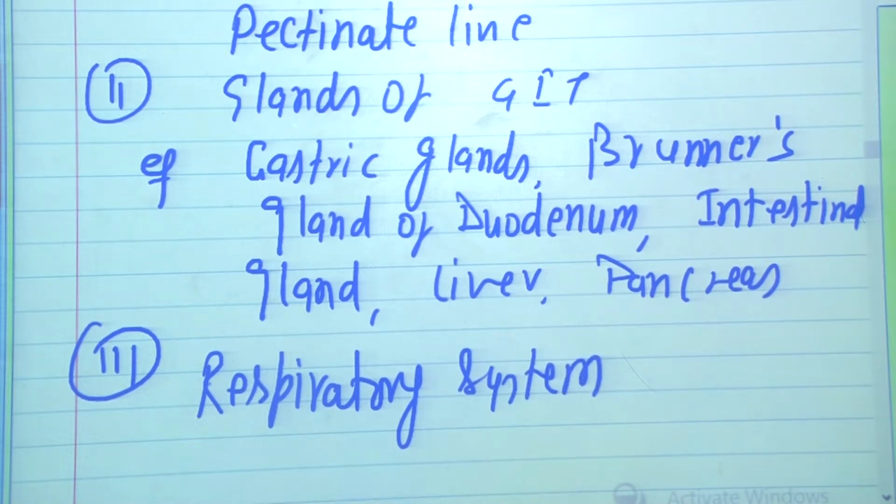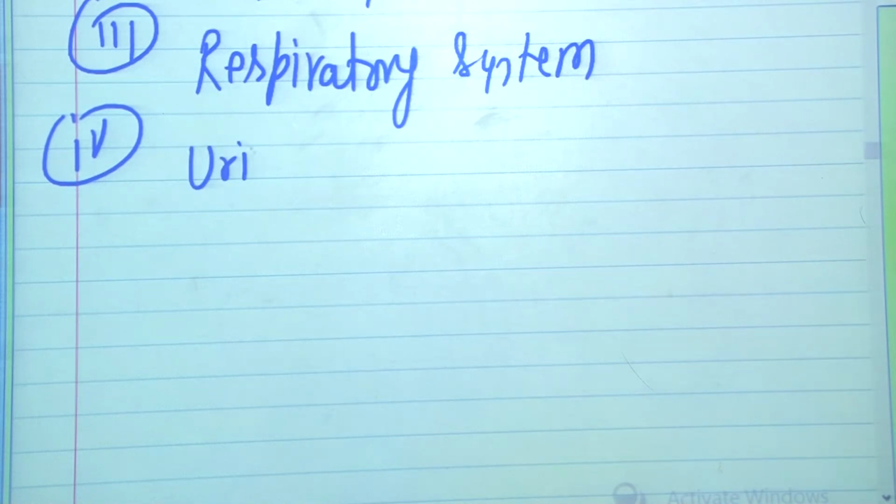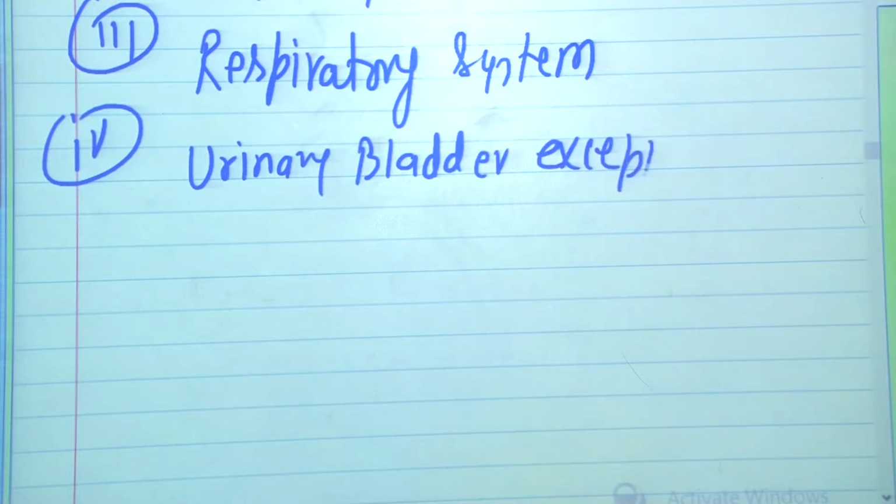It is a derivative of endoderm. The fourth part, urinary bladder, except bladder trigone.